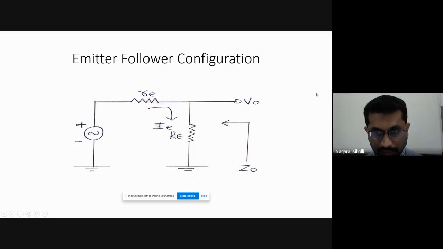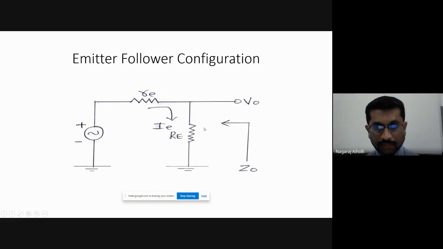Now, if we want the voltage across this particular resistance, the voltage is main voltage, that is VI, into resistance of the same branch divided by sum of the resistances. So the voltage across capital RE is given by main voltage VI into resistance of the same branch, that is capital RE, divided by the sum of the resistances of the two branches, that is small re plus capital RE.